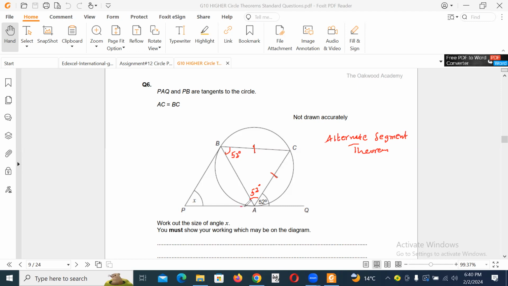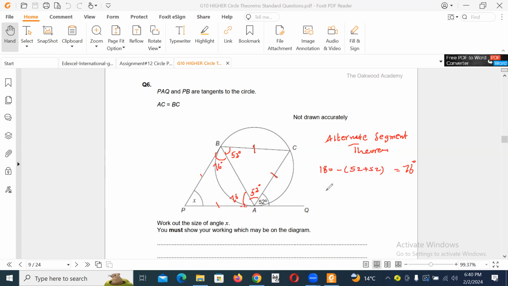This full line represents a straight line, and a straight line angle is 180. So 180 minus 52 minus 52 gives us 76. So this angle is 76. This one is also 76, you know why? Because PB and AP are both tangents. Tangents are equal in length, so their base angles are the same, 76.